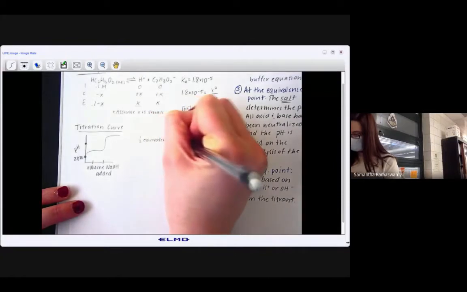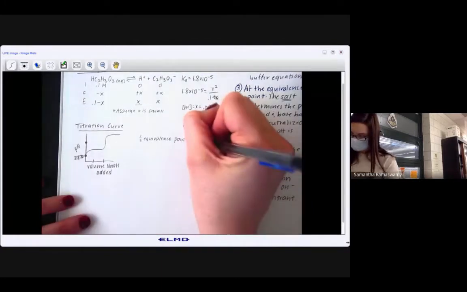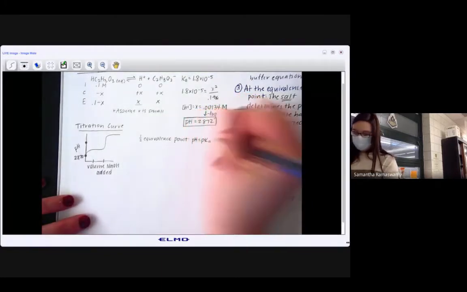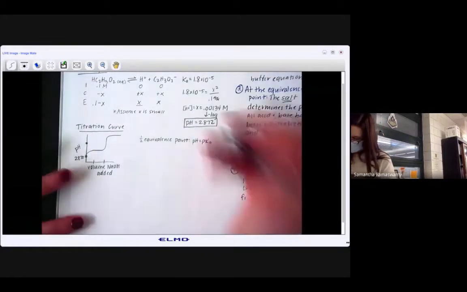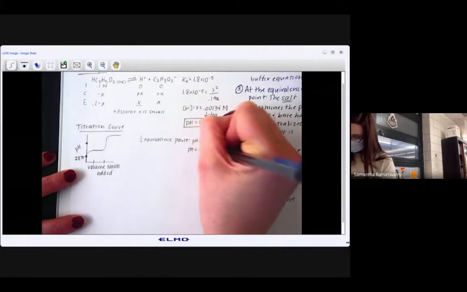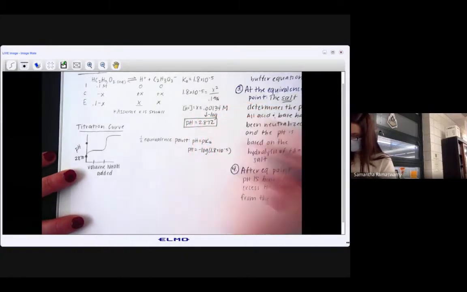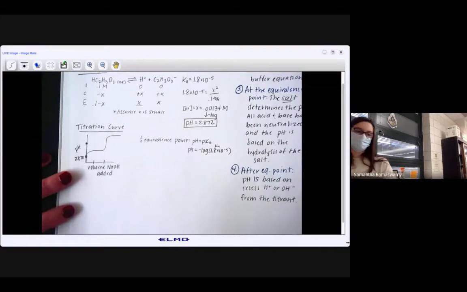What is important about the half equivalence point? What is pH equal to? pKa. Oh, that's performance. So at the half equivalence point, pH equals pKa. Now you might say, well, I don't know what the volume is at the half equivalence point. No, but we can figure out what the pKa is because we just use the Ka above. So if I take negative log of the Ka value, 1.8 times 10 to the negative fifth, taking the negative log of Ka is pKa.